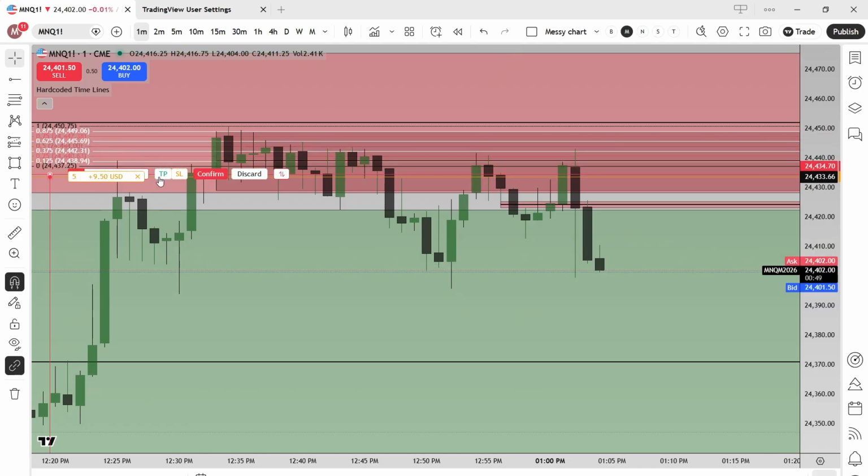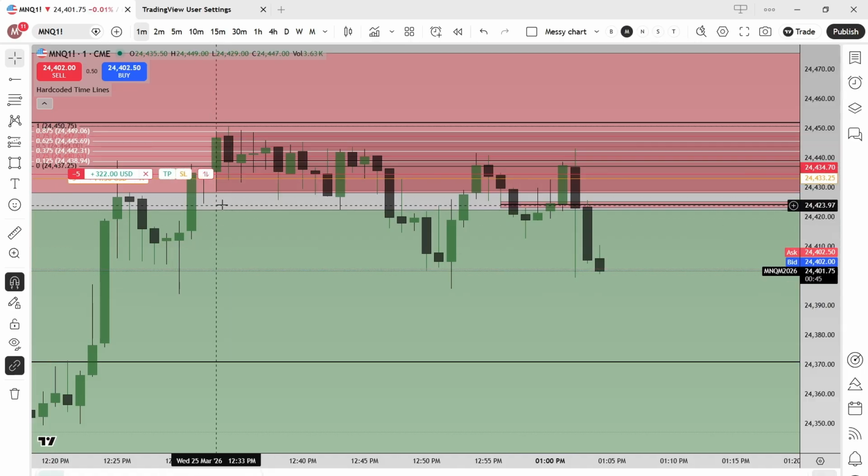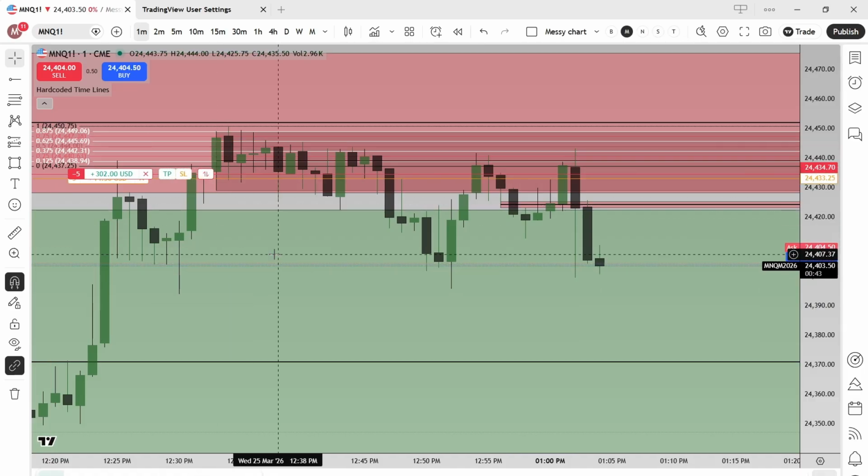I don't even want to see it here. I'll put stop to break even. So they just had a shakeout. A fast shakeout.